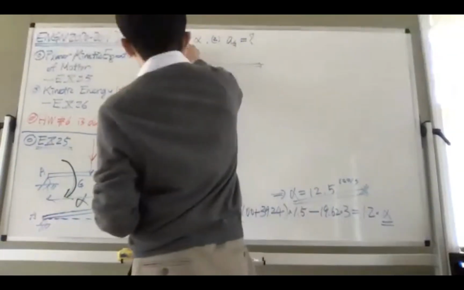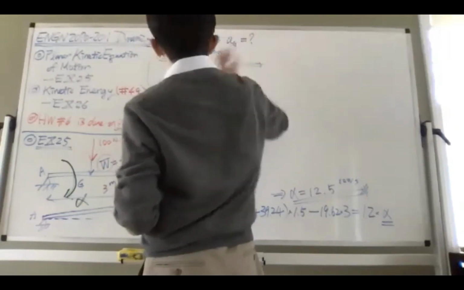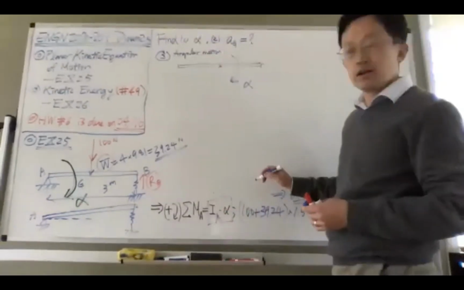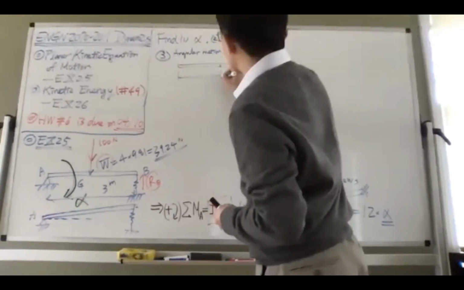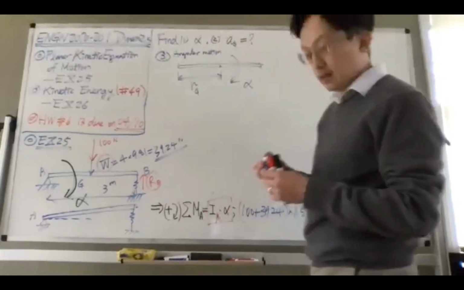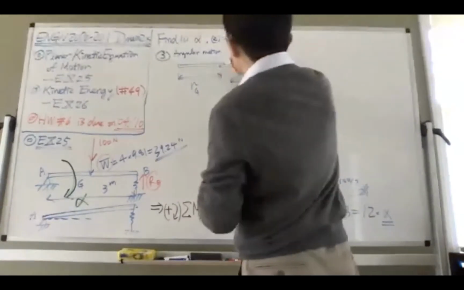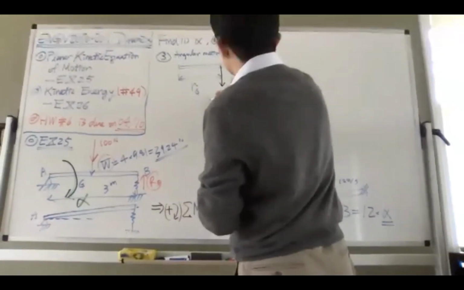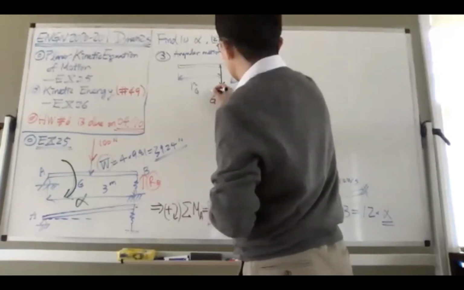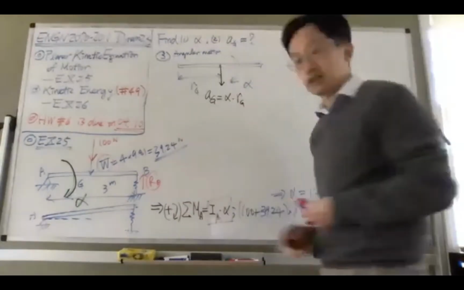From angular motion, you know that if there's alpha here, and you know the distance, which is rg, the linear component at this point, which is ag, is just alpha times rg. Correct?